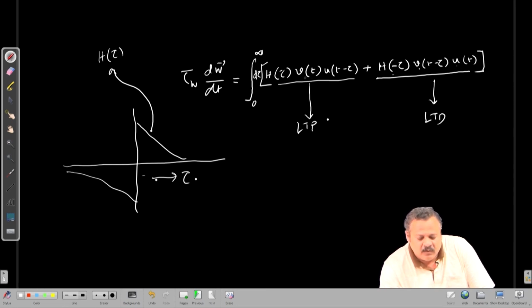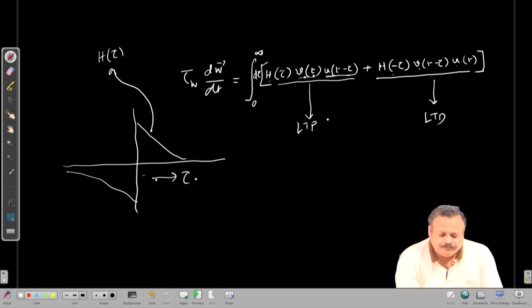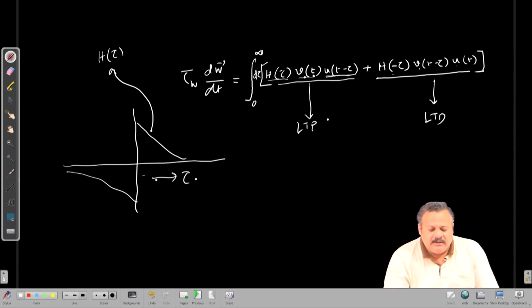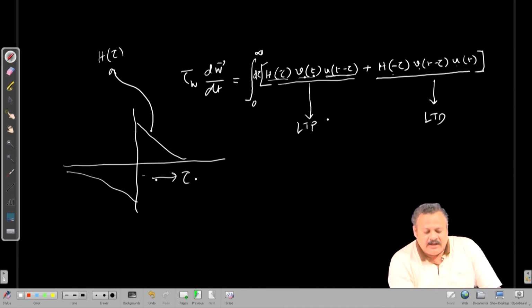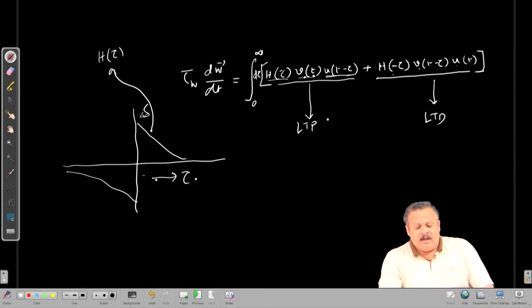And here we are correlating v t and u t minus tau, where the past u is being correlated with the current output, and is weighted by this h tau. Depending on tau, this correlation will be changing, and this particular term is for the right hand side of the learning rule. So, here it is the change in weight that we had discussed.